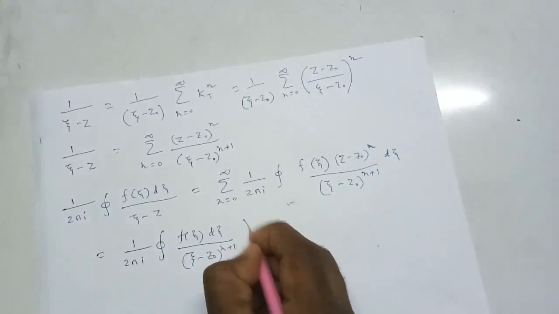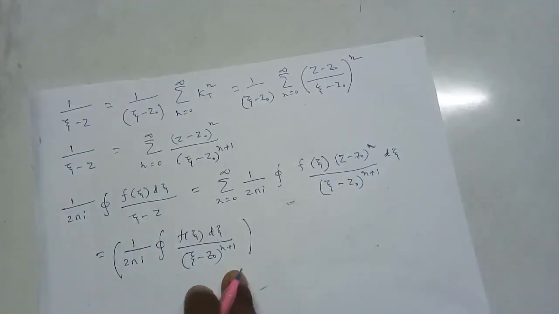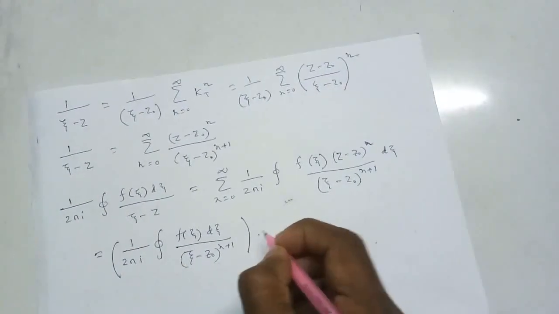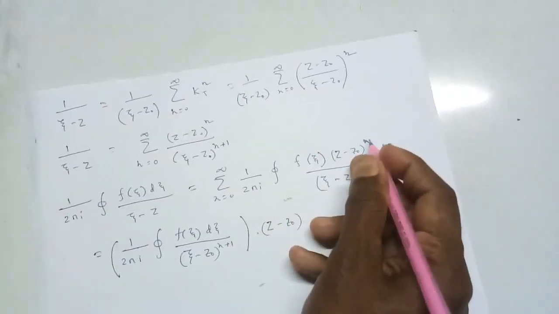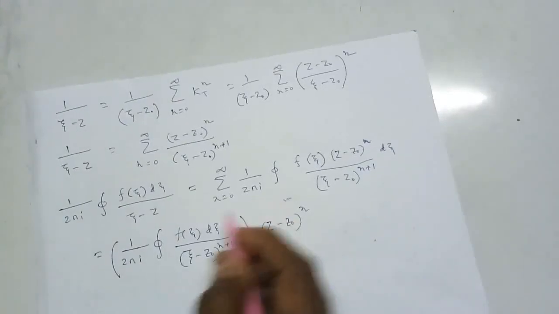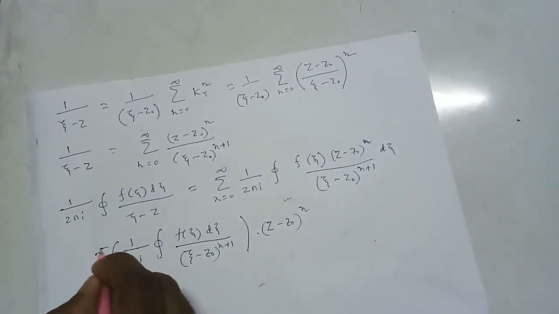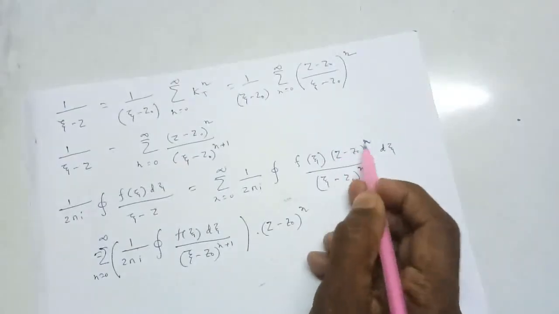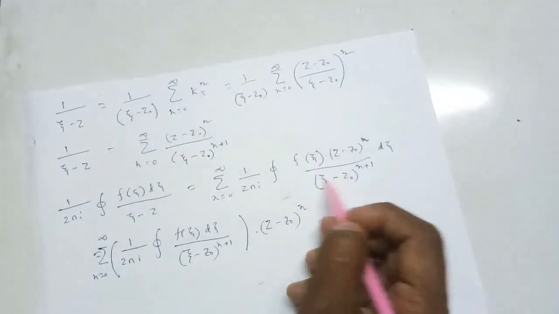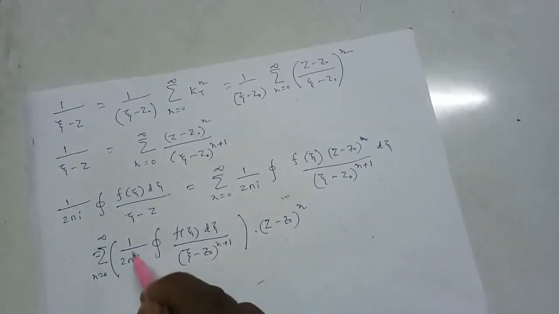So this whole factor is nothing but the nth derivative of function of z. Along with this I have z minus z0 to the power n, and of course the summation n equal to 0 to infinity. So I separate this term and write the rest of the part with the integration.